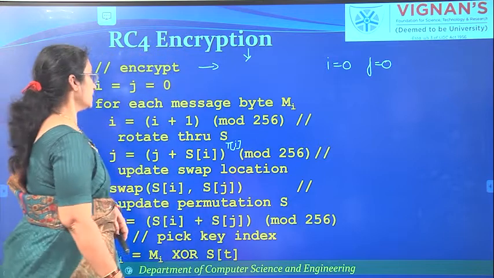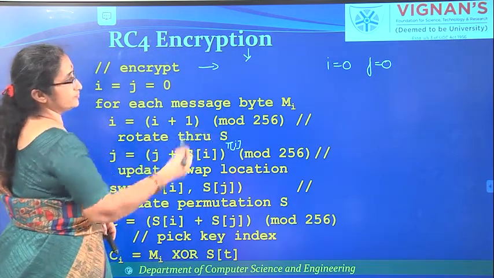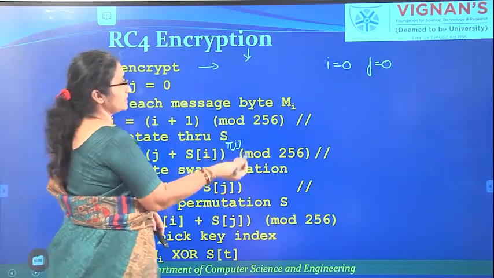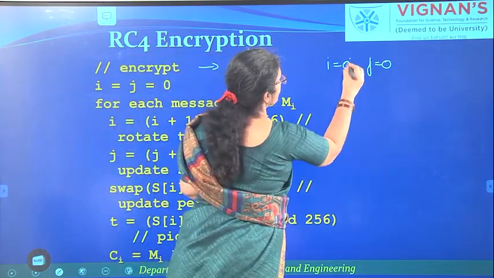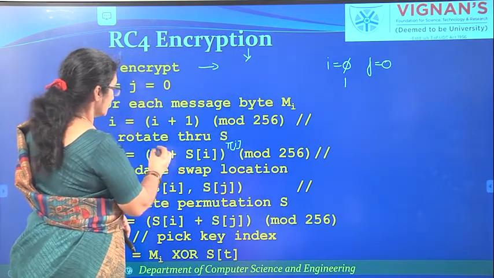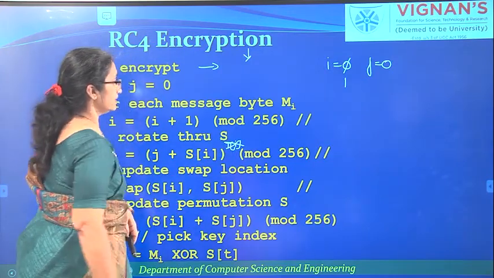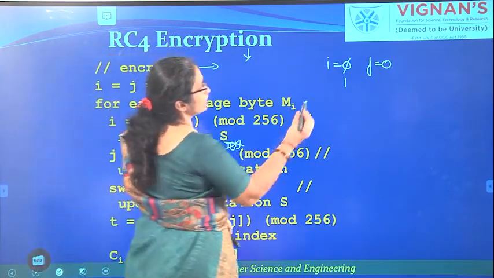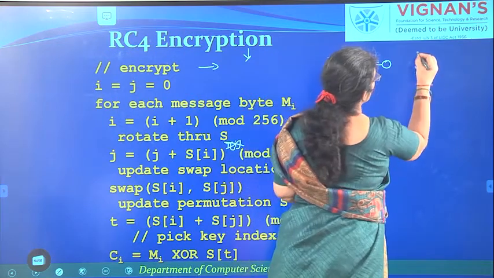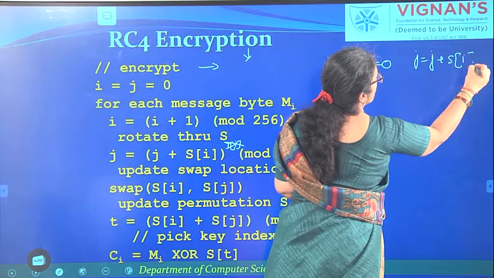So, how are you generating that key? i = (i + 1) mod 256. So i = i + 1 means i becomes 1, and j = j + S of i. So, what is the value of j? j = j + S of i.